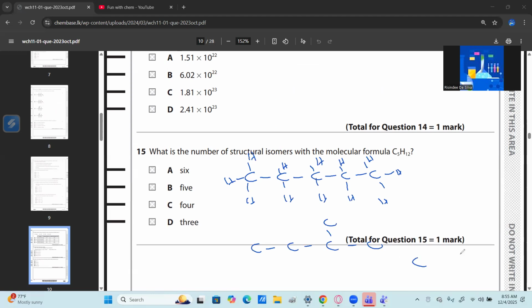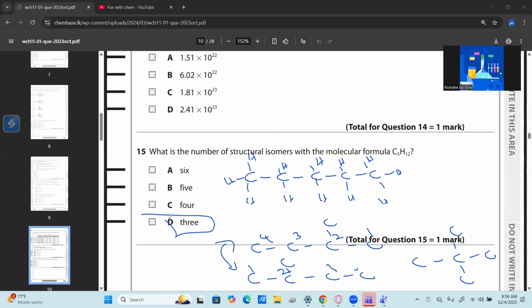Then I can reduce it to 3 carbons and I can put 2 branches. These 3 are the only isomers we can draw for pentane. Because if you draw the methyl group here, when we name it 1, 2, 3, 4, this is also 2 methyl butane. This also, 1, 2, 3, 4, 2 methyl butane. These two are the same compound.